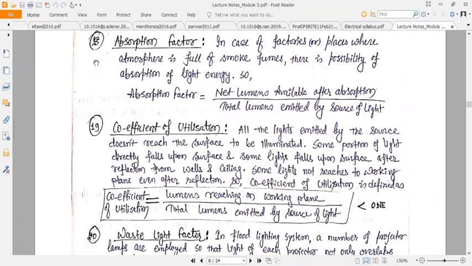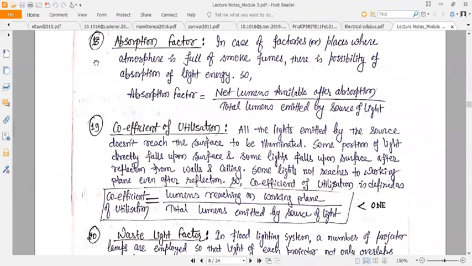Then if you switch on a light source, you will not be able to see a particular object clearly, compared to when the atmosphere is clear. That means there is some absorption of the light, and the light intensity is not falling upon the object.